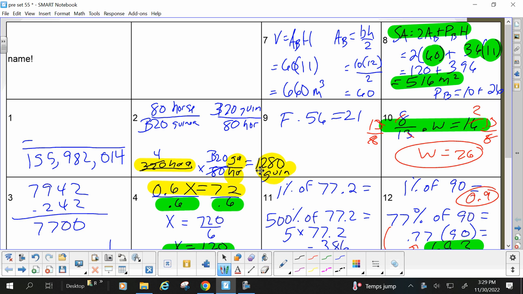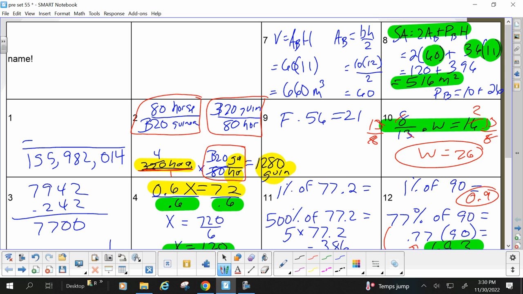All right, here goes. On set 54, number 2, your two proportions should be 80 horses to 320 guineas or 320 guineas to 80 horses. When you figure out how much 320 horses would cost, you start with 320 horses over 1.